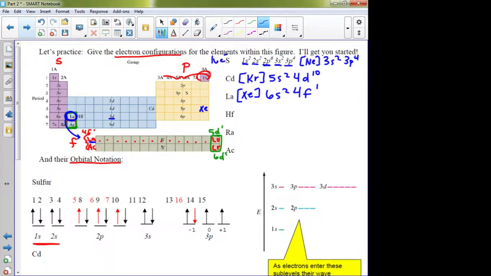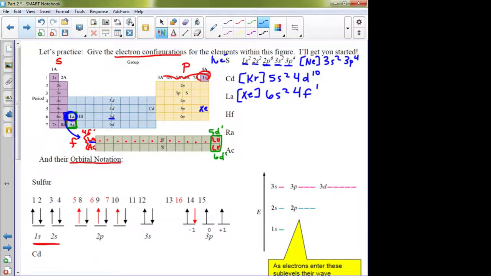This part essentially goes right here on the periodic table after 6s. Do we have to write the 4f1 or can we just write 4f? You have to write 4f1. You have to write the 1.